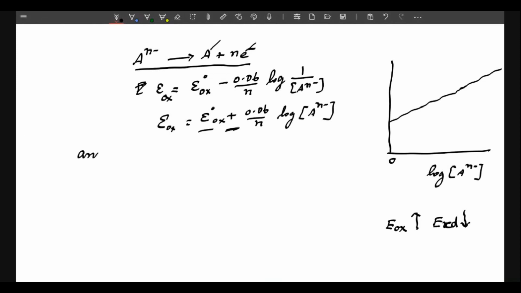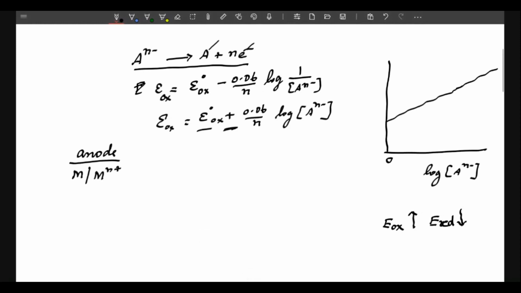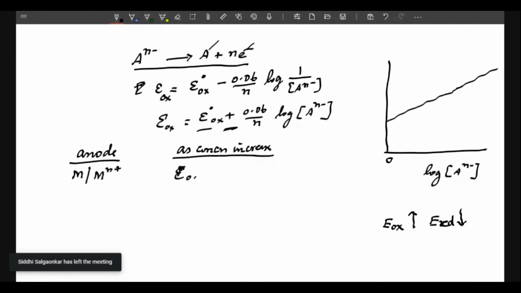We will take this anode as the metal bar electrode. Then what happens as concentration increases? As concentration increases, epsilon oxidation decreases and epsilon reduction value increases.